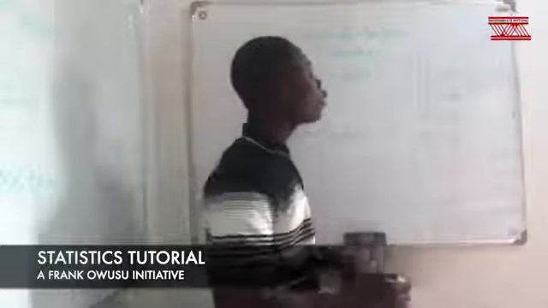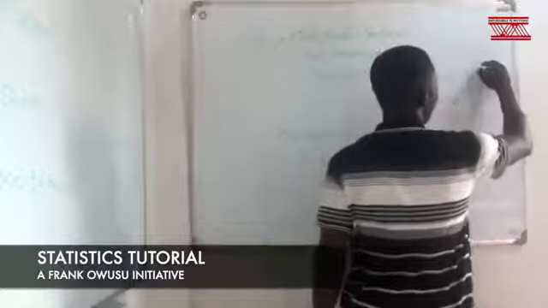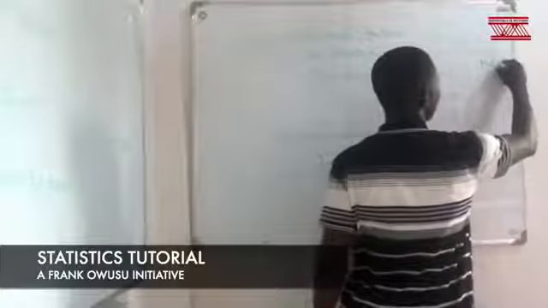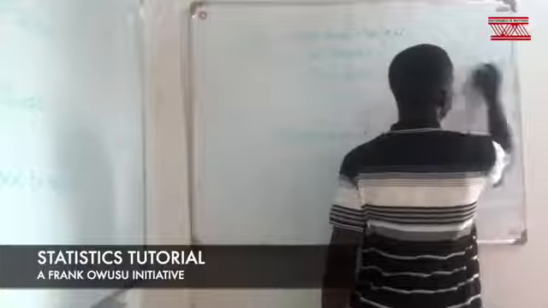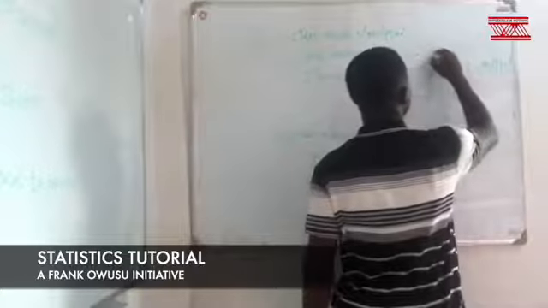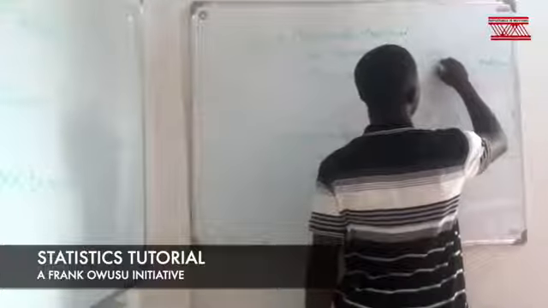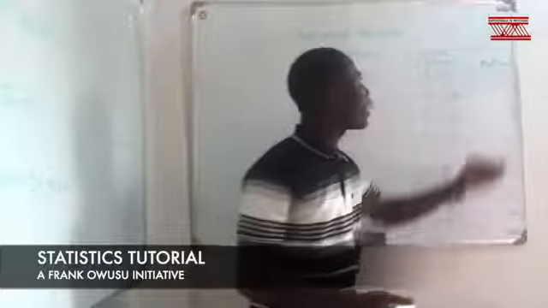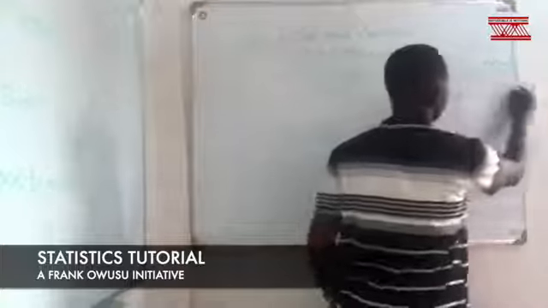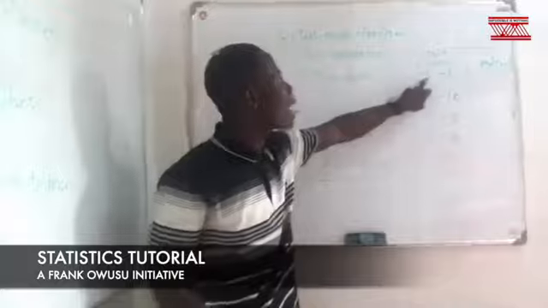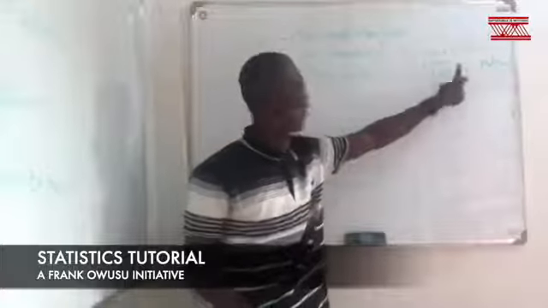So assuming I want to find the class mark or the midpoint of this first class interval, I add my lower class limit to my upper class limit, then I divide by 2.